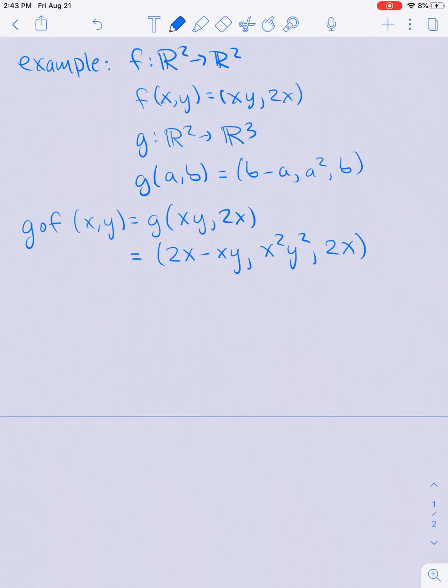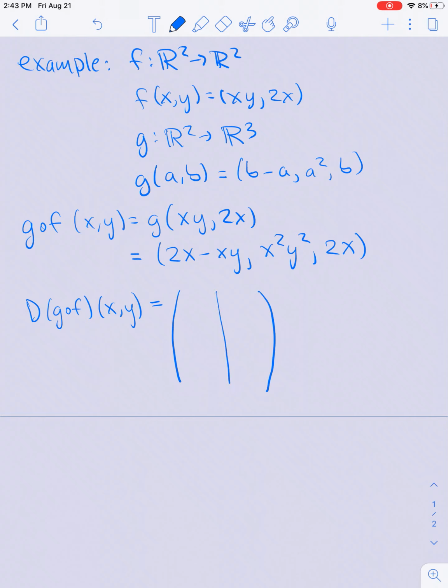Okay, so I want to take the derivative of this thing at (x, y). And I know that this should be the matrix, which is 3 by 2. So it'll be sort of tall. And the entries should be the partial derivatives of the component functions.